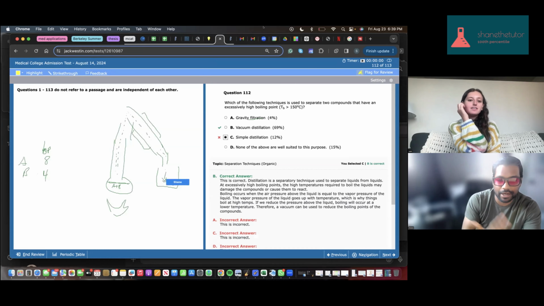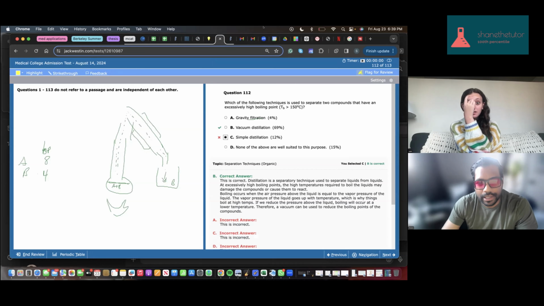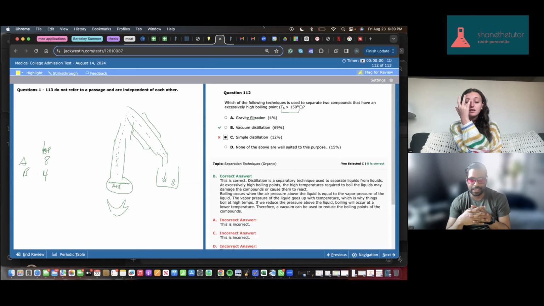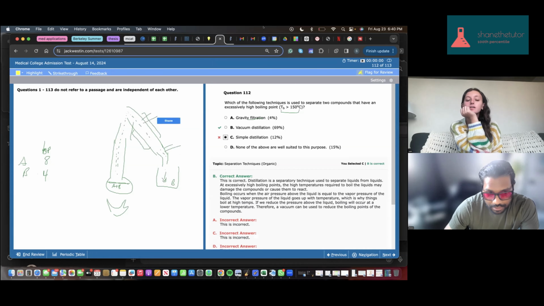So we take advantage of separating them based on their different boiling points, right? Yes. Okay. Now, if you had something with a really high boiling point, like 150 C, that's going to be difficult to heat up to that high temperature. So what you do is you create a vacuum, like sucking.